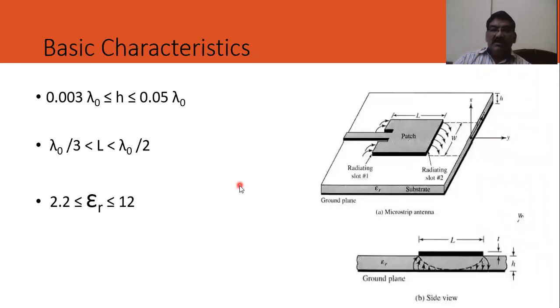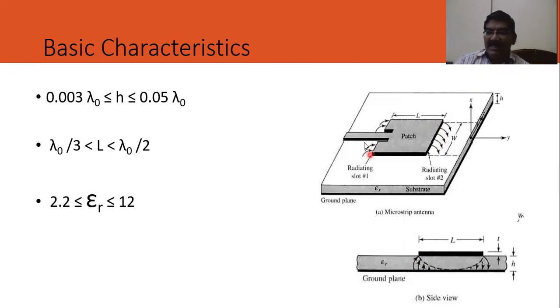Then this is the cross-sectional view of the antenna. Now this is the top view. As I told, this is the patch, this is the substrate, this is the width of the line, and this is the length. Now, how will the electromagnetic fields be? These arrows shown are the electric field.